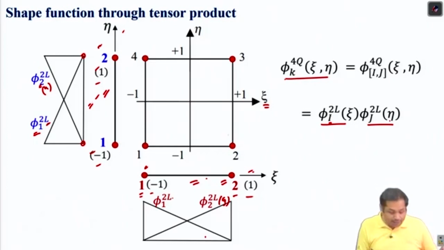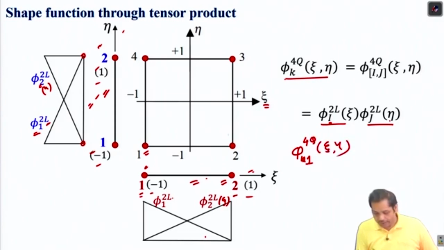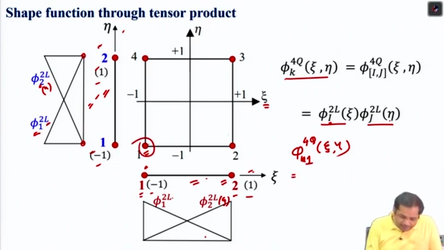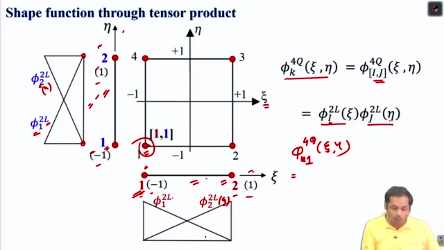For instance, if I have to calculate the shape function of node 1, say phi 1 4Q, as a function of xi and eta, that will be equal to, now node 1 means this node. At this node, from this element we have this node, and from this element we have this node. So at this node, the dyad will be 1 1.